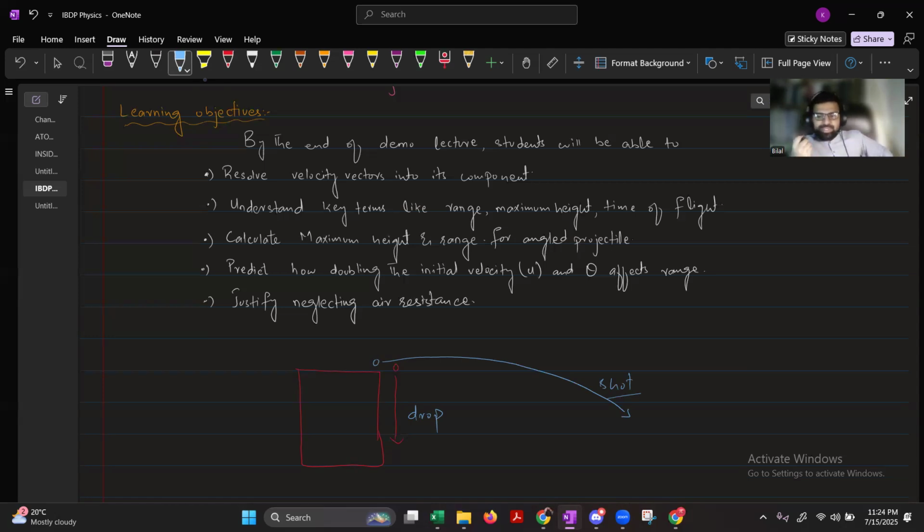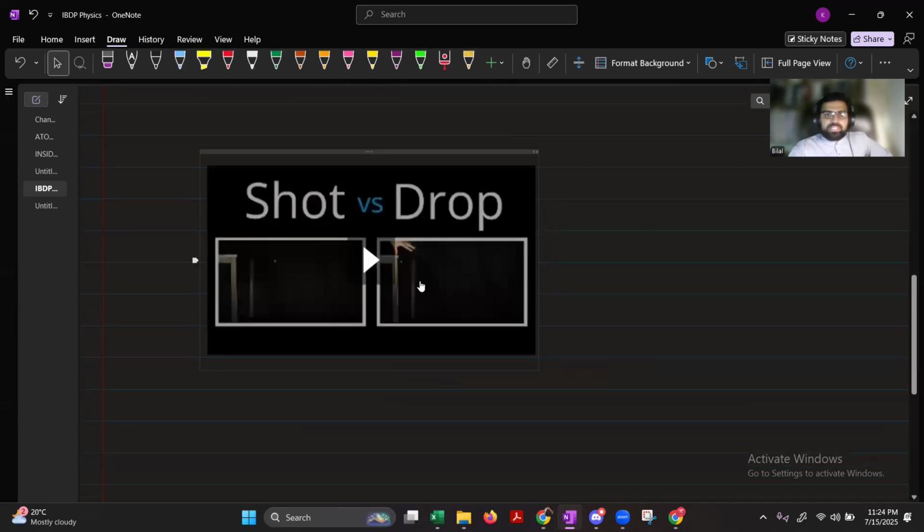It's up to you. You can guess. Whatever comes to your mind, you can tell me. Generally, the intuition is that the red ball will reach the ground first. But let's see this experiment first.